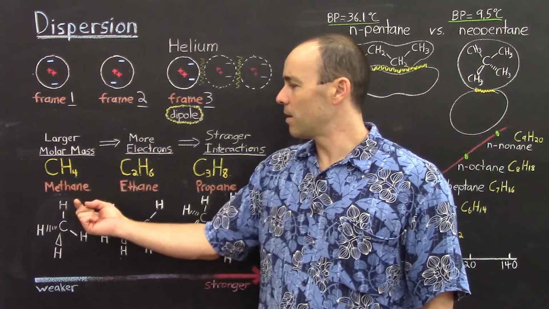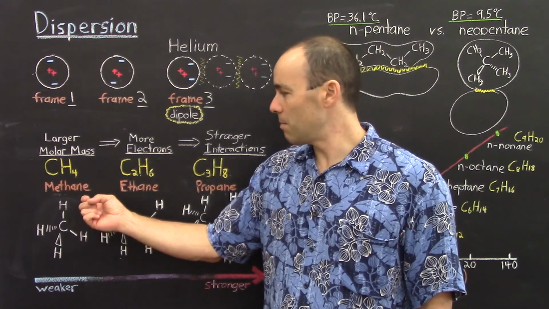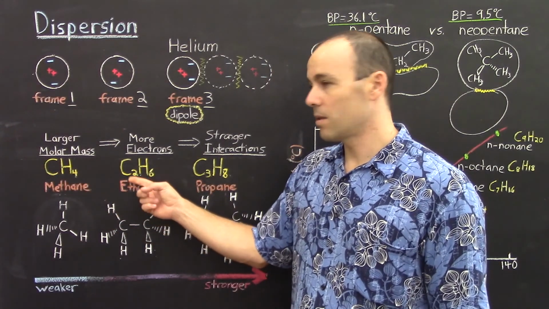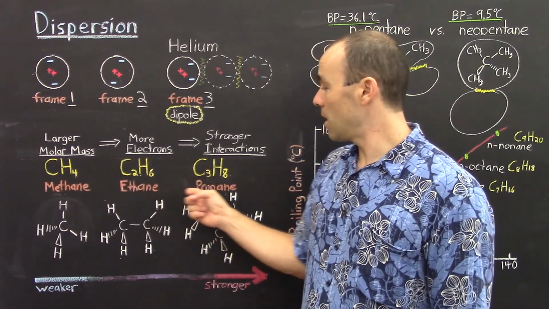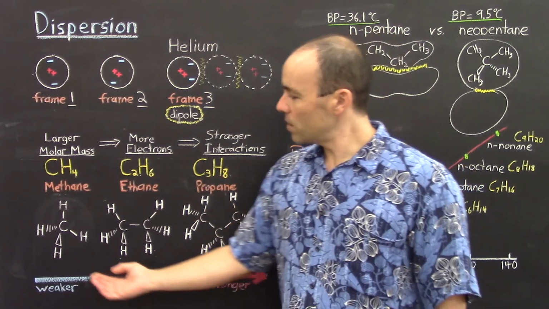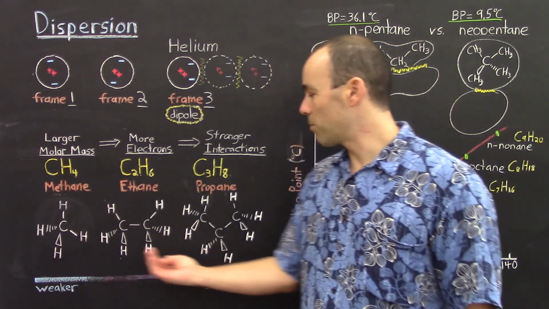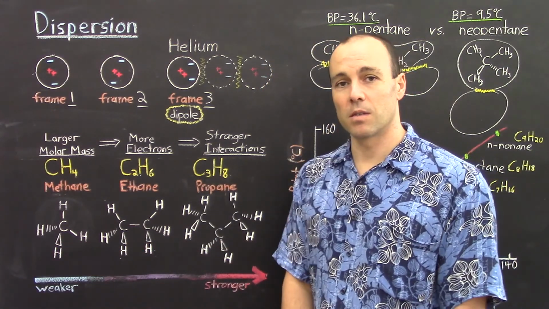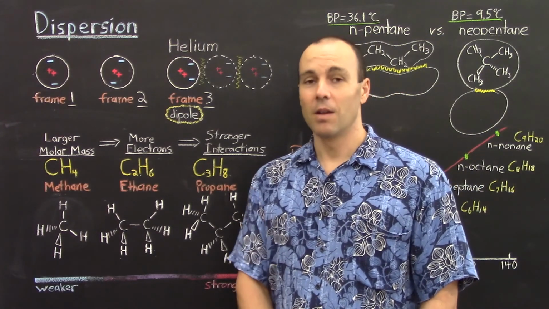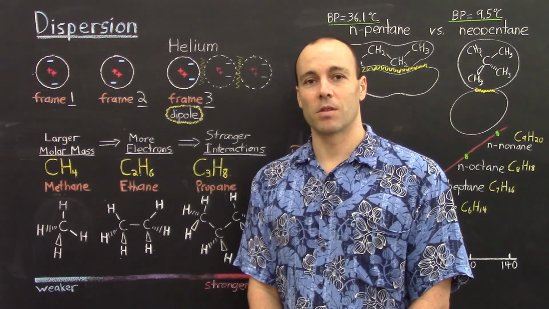If we compare the alkanes, methane, which is CH4, ethane, C2H6, and propane, C3H8, we see that trend where propane has the strongest dispersion interactions. How do we know that? Well, propane has the largest boiling point.